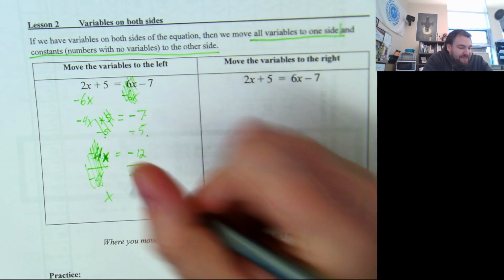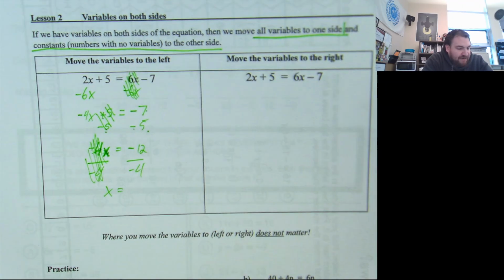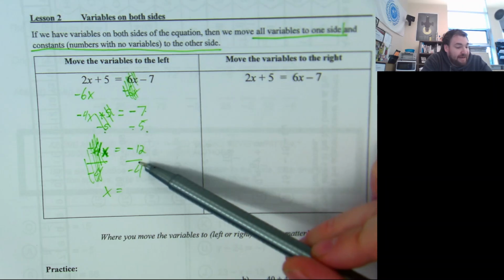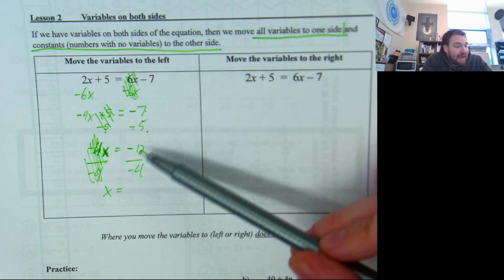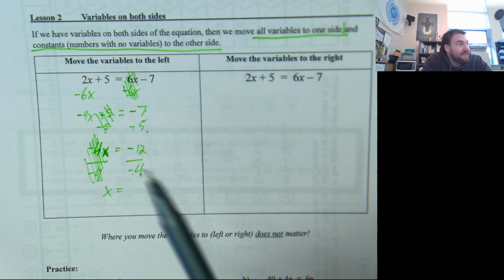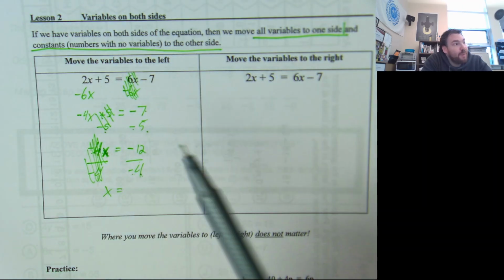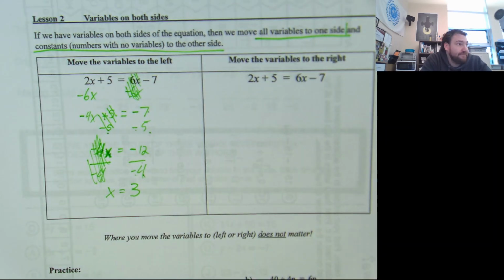All I'm left with now is that x. It does not divide away. It stays where it is. And now on the right-hand side, I've got negative 12 divided by negative 4. Negative divided by a negative is going to be? And 12 over 4 is? Yes, Riley, how many times, Ethan, does 4 go into 12? 3. Thank you. It is, in fact, 3.